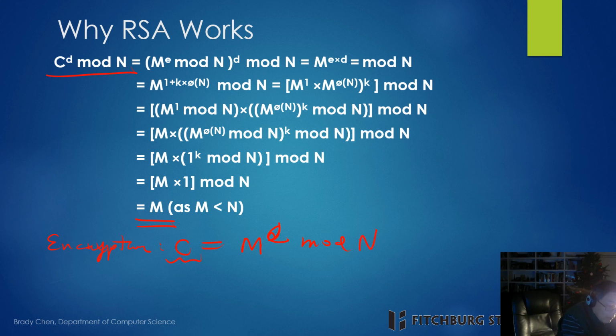And then we can calculate c to the d mod n, and we will get back to m. So this encryption and decryption basically perform the same operation but with different keys. Then we have analyzed this and shown that the RSA actually works.